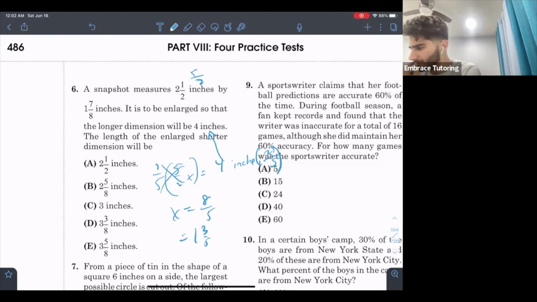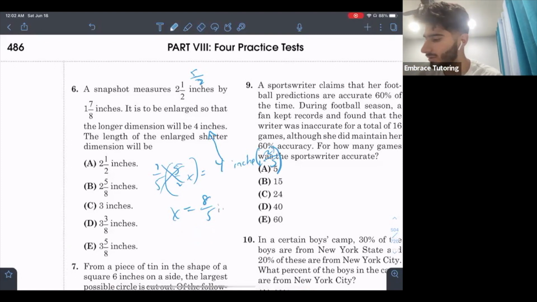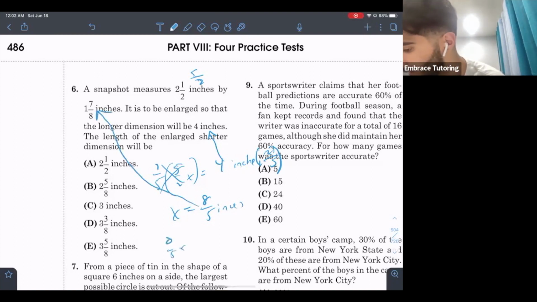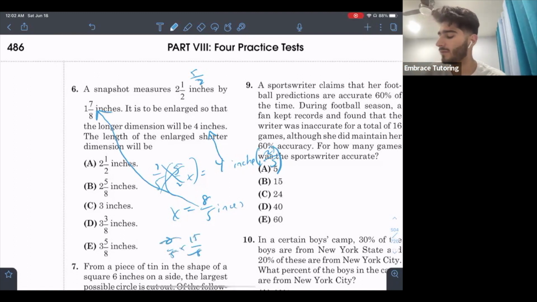Or instead of doing that, you can do 8/5 inches. And then you have the 8/5, and then you have the 1 7/8 inches. So 8/5 times 15/8. The 8's cancel out, and then 15 divided by 5 is 3, gives you 3 inches, which is choice C for 6.